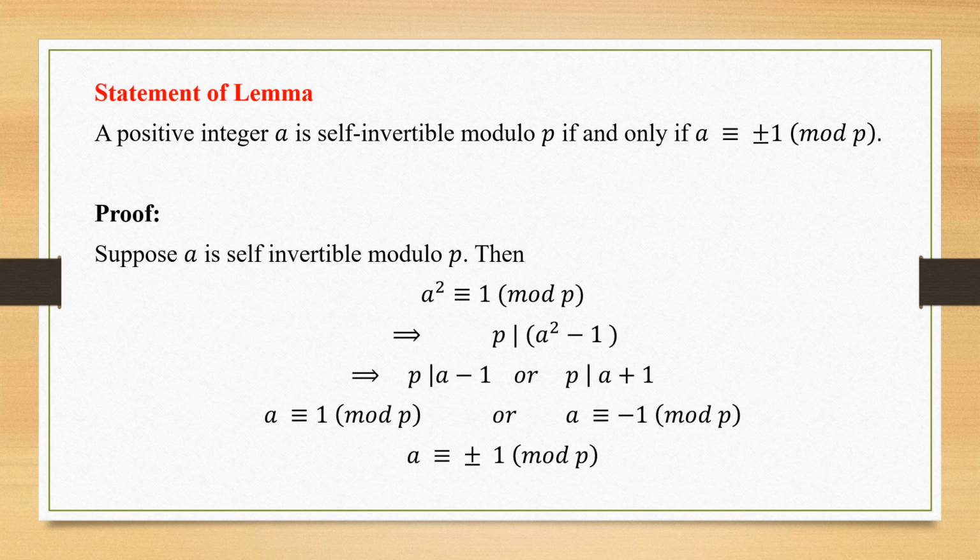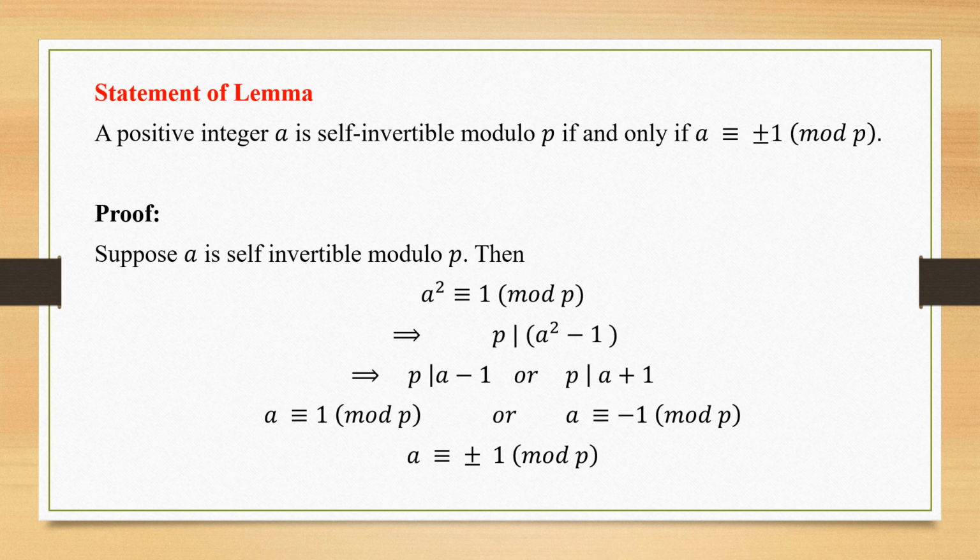proof now. Suppose a is self-invertible modulo p, then a square is congruent to 1 mod p.